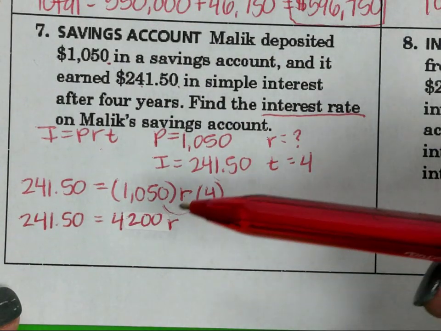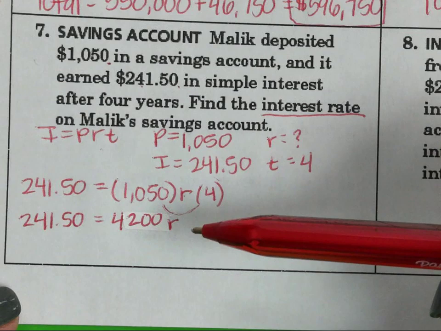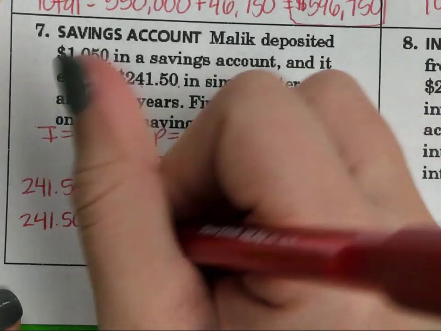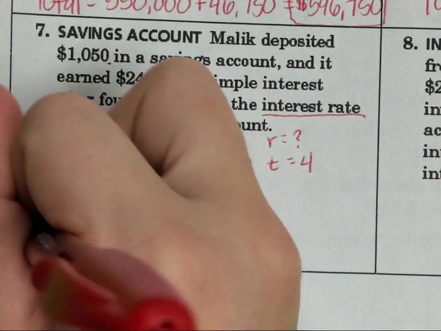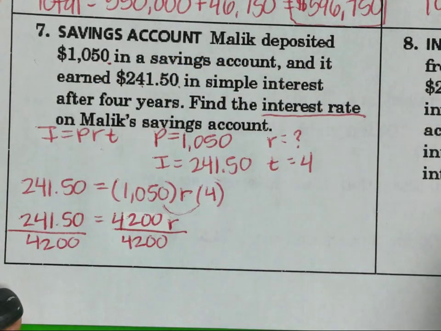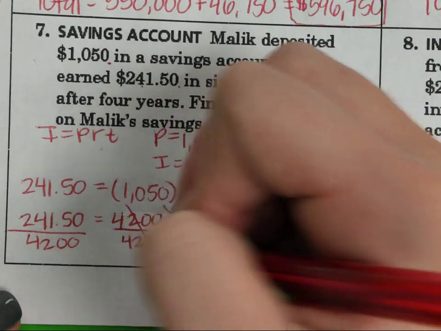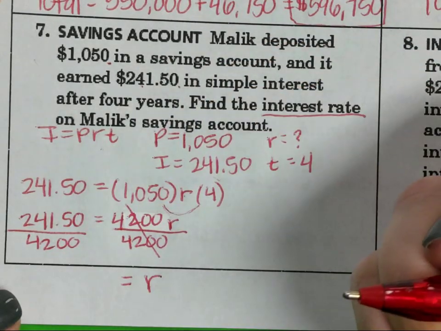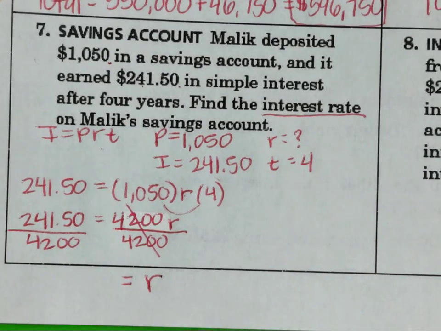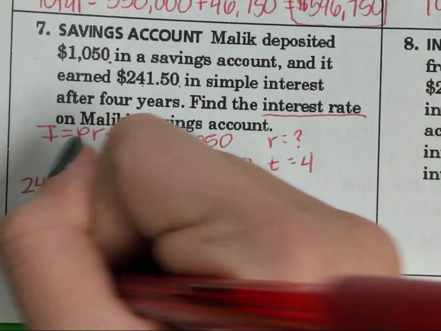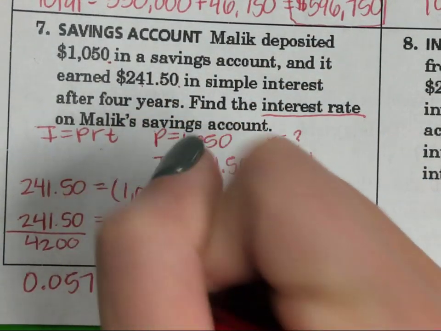So now how do I solve for R? This is a one-step equation now. So I'm dividing both sides by 4,200. So these numbers cancel, leaving me with R. And then what's that? 241.5 divided by 4,200 gives me a decimal of 0.0575.